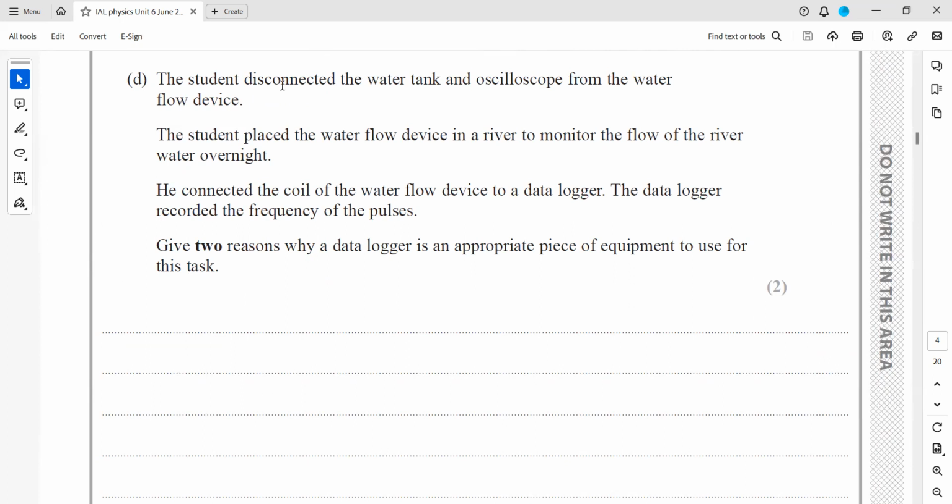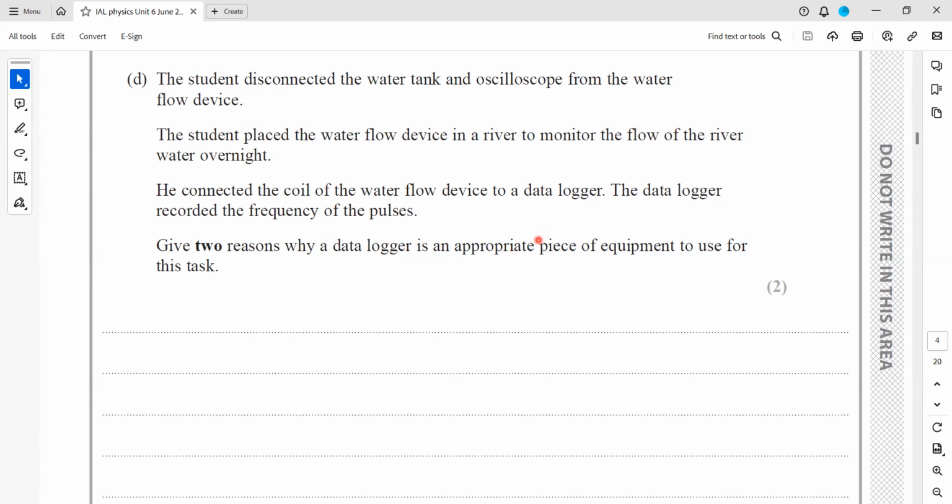The student disconnected. So here, give two reasons why a data logger is an appropriate piece of equipment to use for this task. Look, what is here? You have to list the advantages of the data logger. First thing, you can operate a data logger remotely.